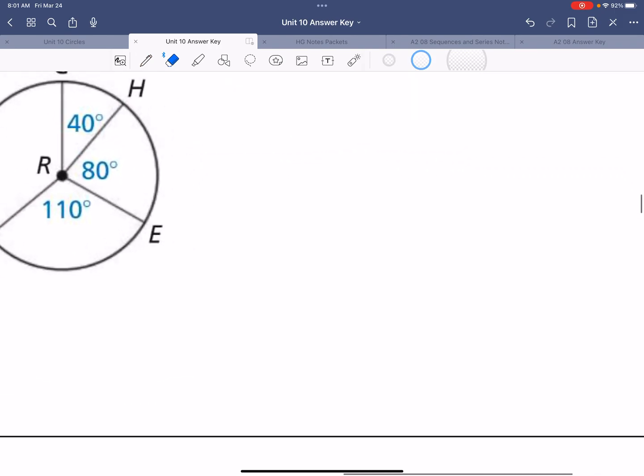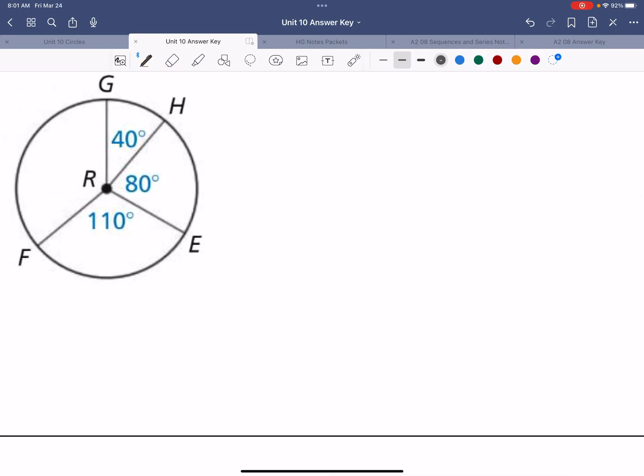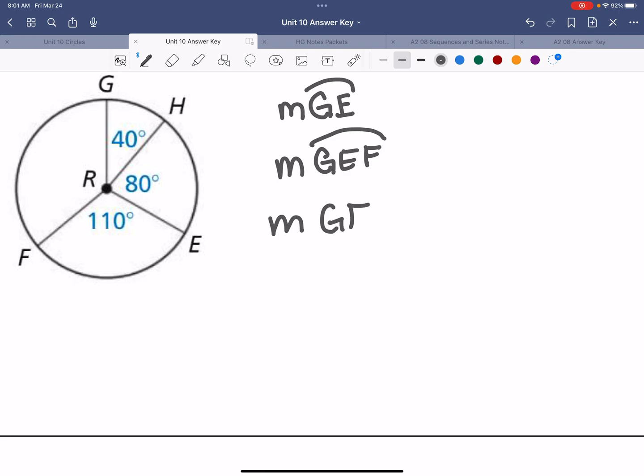So let's go ahead and do one more example. We're going to find some other ones here. We're going to find the measure of arc GE. I'm going to want the minor arc of GE since it's two letters. I want the measure of arc GEF and the measure of arc GF. So GE is going to end up being 40 plus 80, because I want this minor arc, which gives me 120.